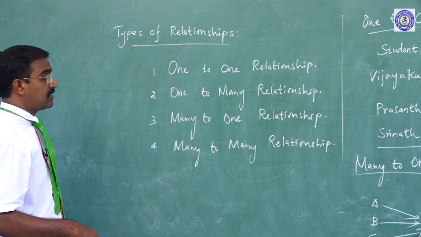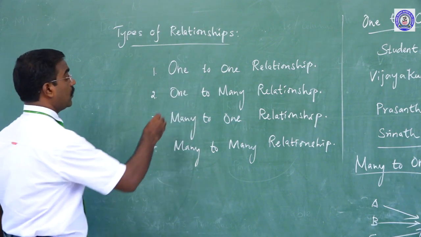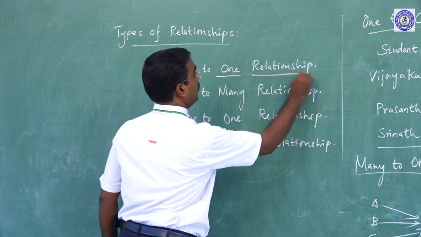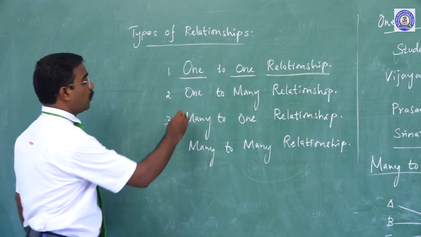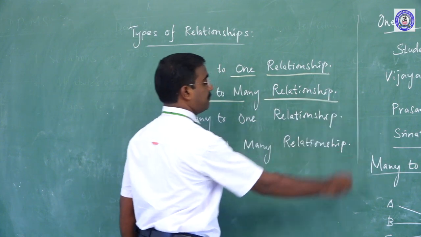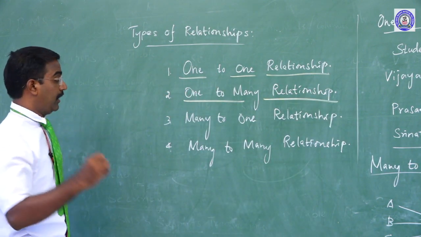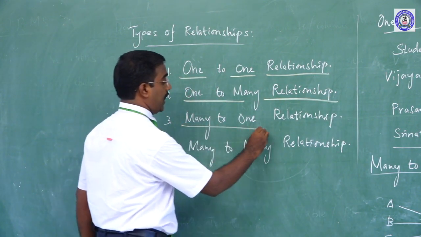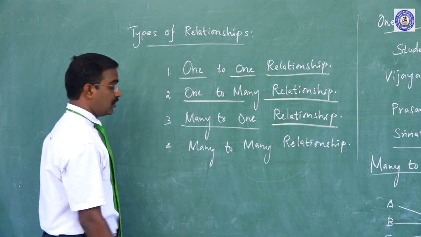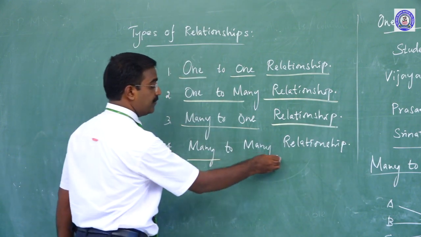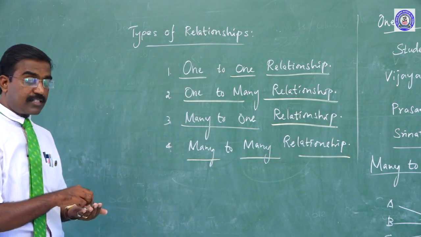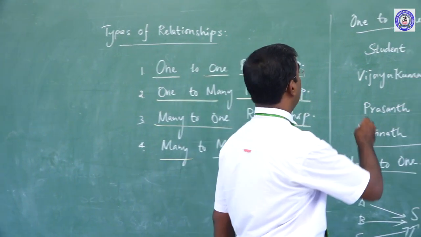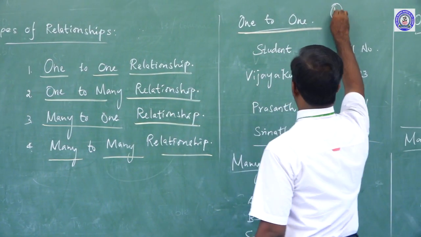The first is the one-to-one relationship, sir, and then the one-to-many relationship. The third one is the many-to-one relationship. The fourth one is the many-to-many relationship. Okay, first we will see the one-to-one method.